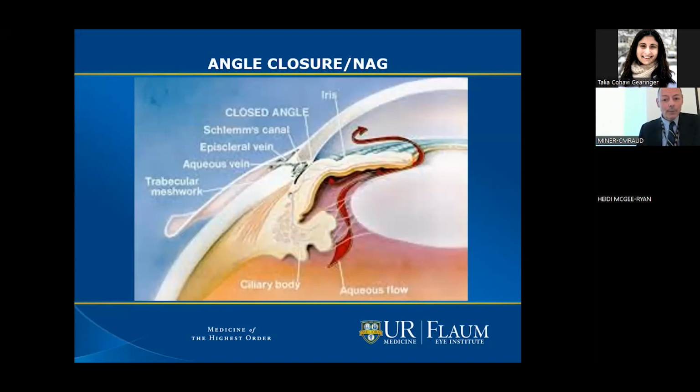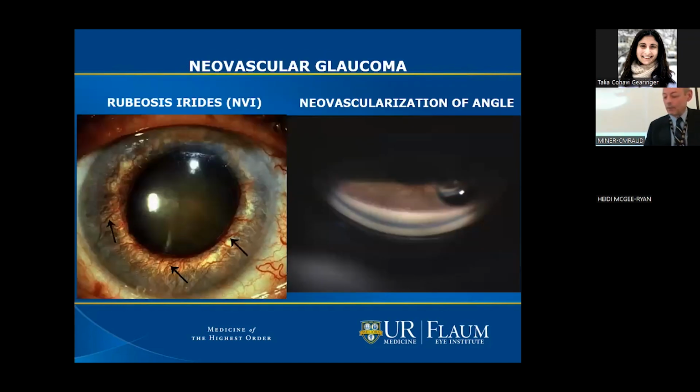Well, that's not the mechanism for diabetic disease. That's what we see in typical angle closure disease. But in diabetic disease, we tend to see closure of that angle for a different reason. And that's because poor circulation from diabetes within the eye sends out chemical signals to other tissues, largely the iris, and it causes new blood vessels to grow along the surface of the iris that you see on the left-hand side here.